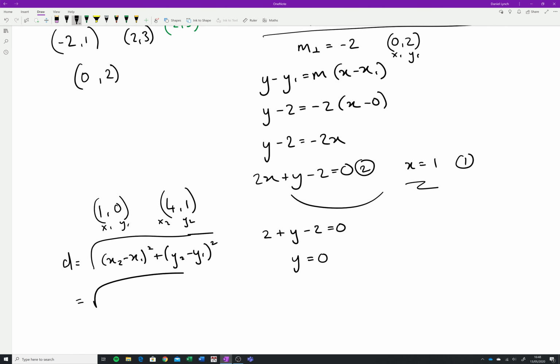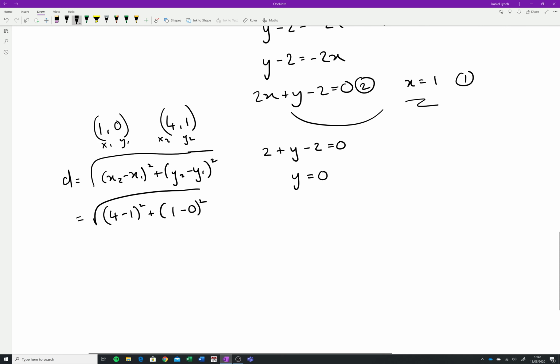So it's equal to 4 minus 1 squared plus y2, which is 1, minus y1 squared. Okay. So we end up getting the square root of 3 squared plus 1 squared. So that is root 10. That's the distance, which is the radius.